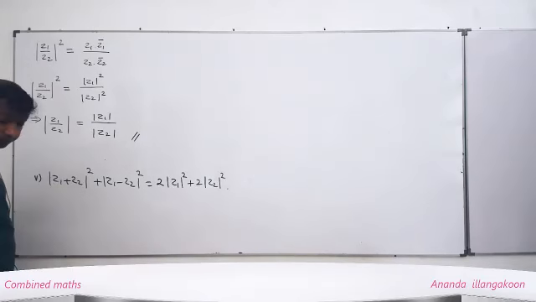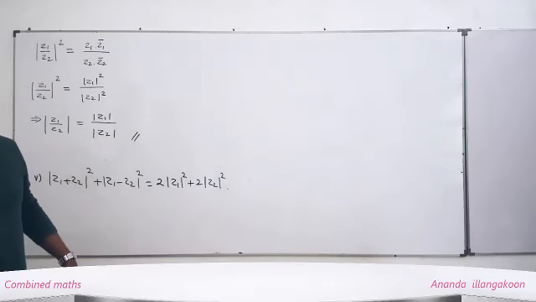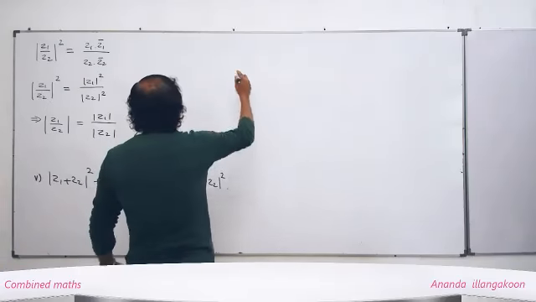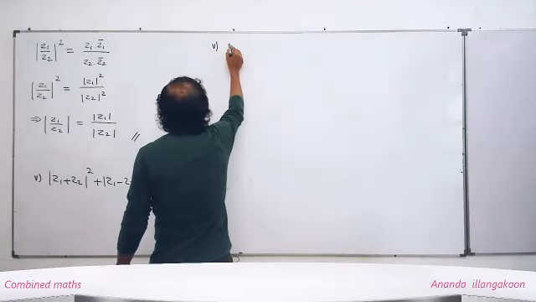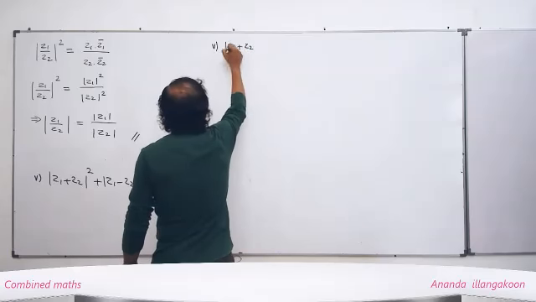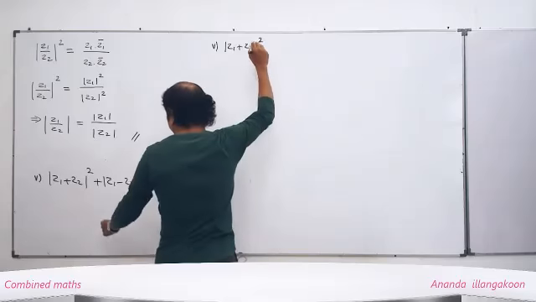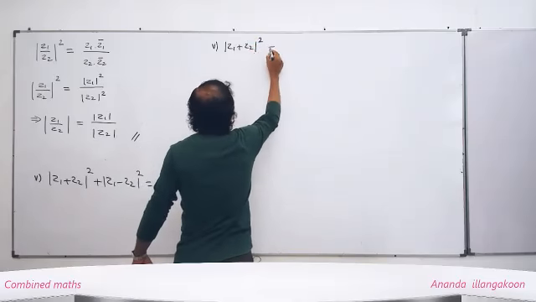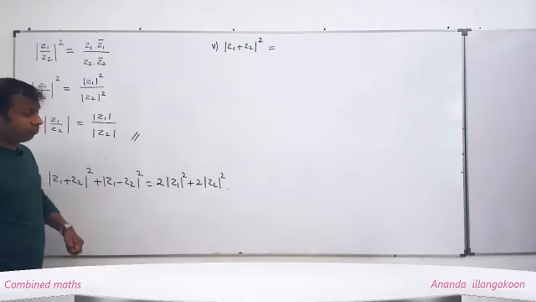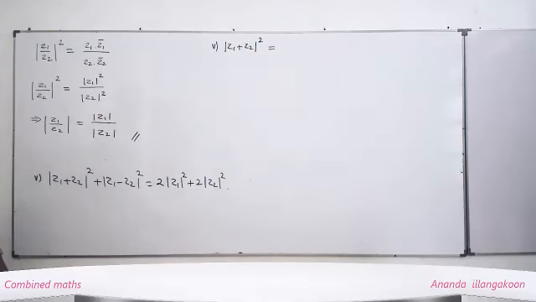This result. Number 5, I'm going to take like this: modulus of Z1 plus Z2, squared. This is the first one. I'm going to obtain an expression for modulus of Z1 plus Z2, squared.